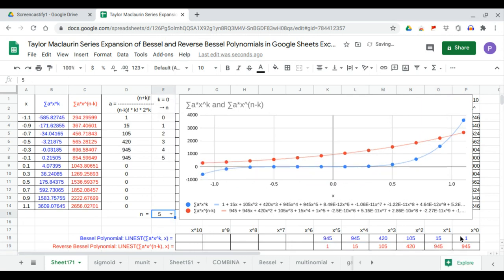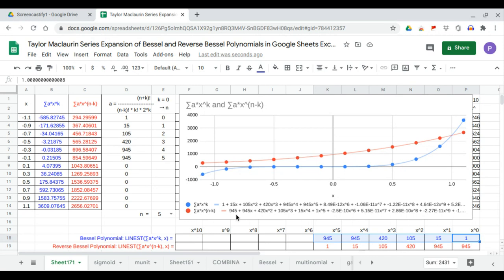N equals 5. Our Bessel is 1 plus 15x plus 105x squared plus 420x cubed plus 945x to the fourth plus 945x to the fifth.